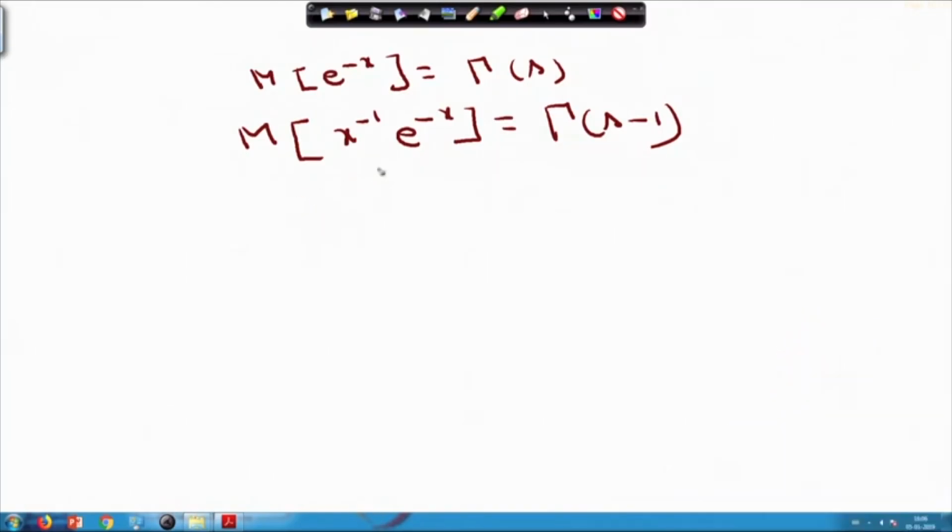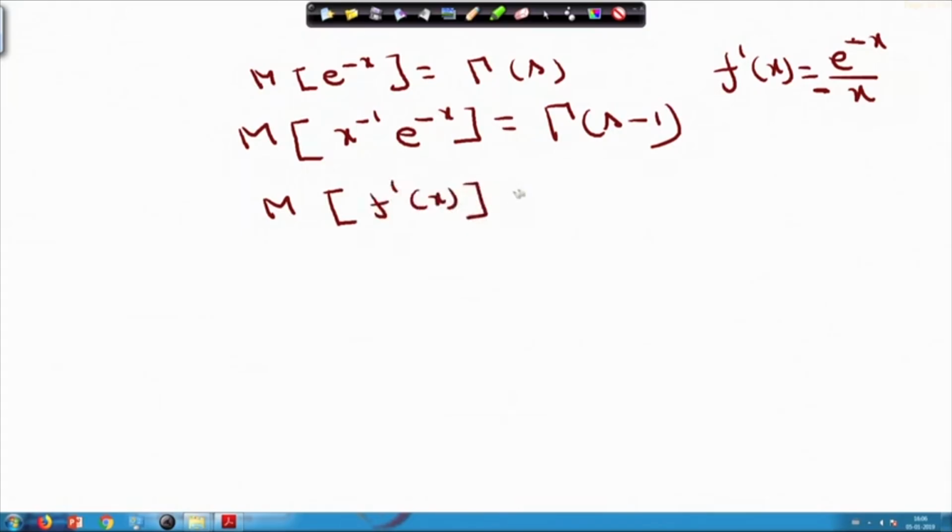In the last slide we wrote f dash x equals minus e power minus x by x, with a minus sign. So the Mellin transform of f dash x equals minus gamma s minus 1.